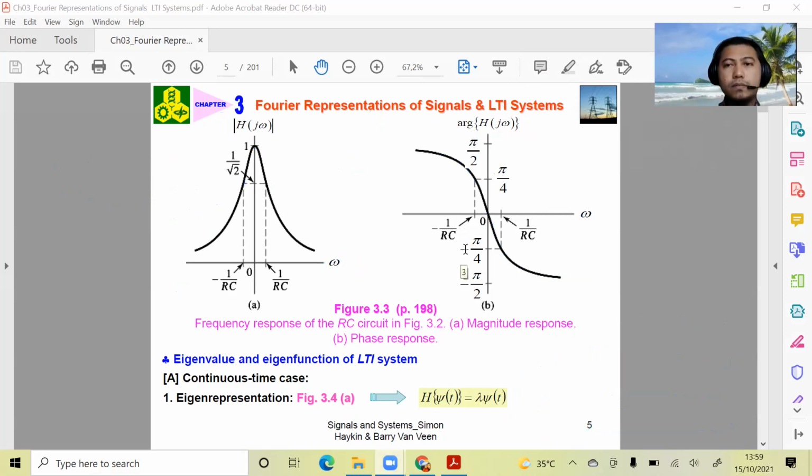So until this point, we already discussed how to use the Fourier transform in transforming the signal.